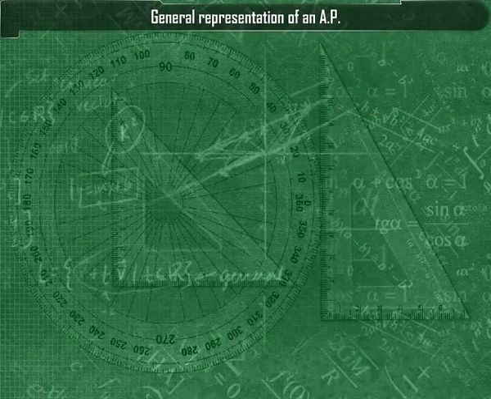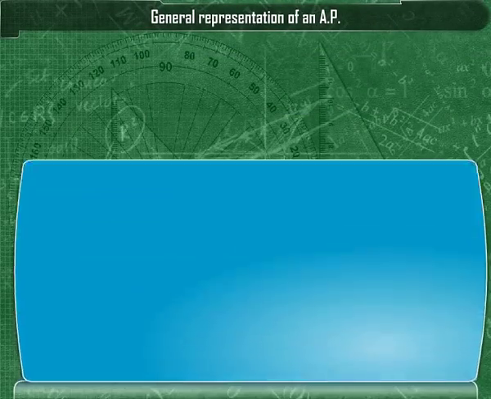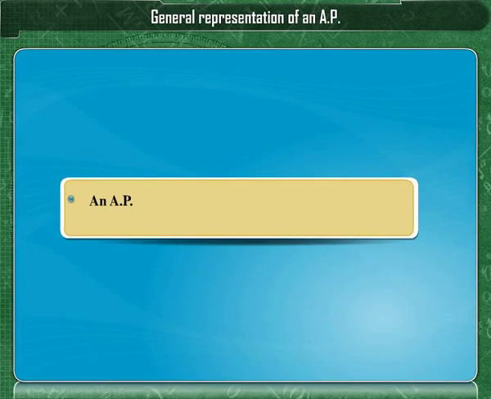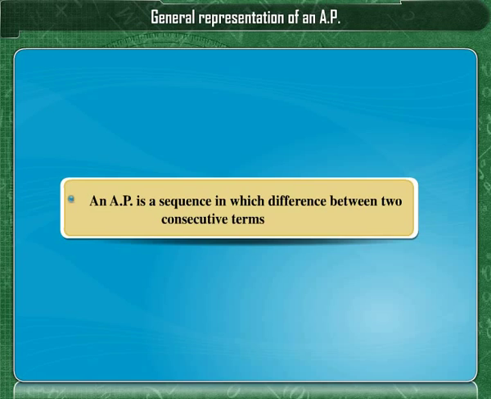General representation of an AP. We have learned that an AP is a sequence in which the difference between two consecutive terms is constant. We will now see how to write an AP by using the first term and the common difference.